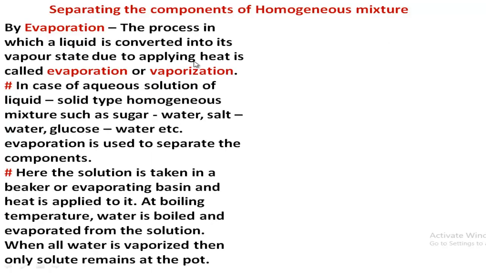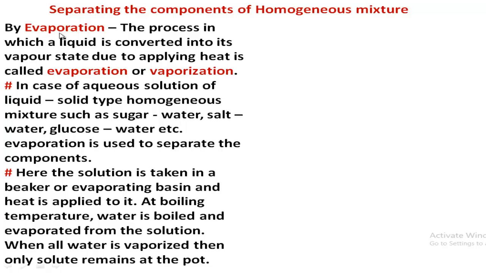You know that a homogeneous mixture is a mixture in which components are mixed so uniformly that the ratio of the components remains the same in every proportion of the mixture. So from this mixture we can separate the components by the evaporation process.